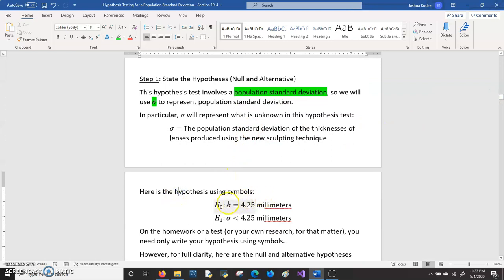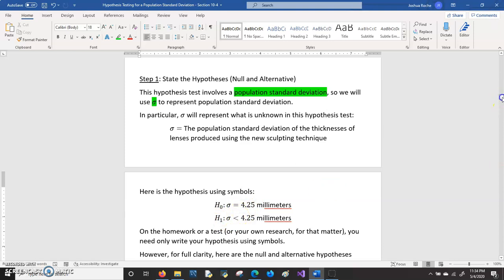And here are the hypotheses. The null hypothesis is always going to have an equal to here, and so this is saying the standard deviation under the new sculpting technique is just the same as the standard deviation under the old sculpting technique, which was 4.25. The alternative hypothesis has this less than symbol.